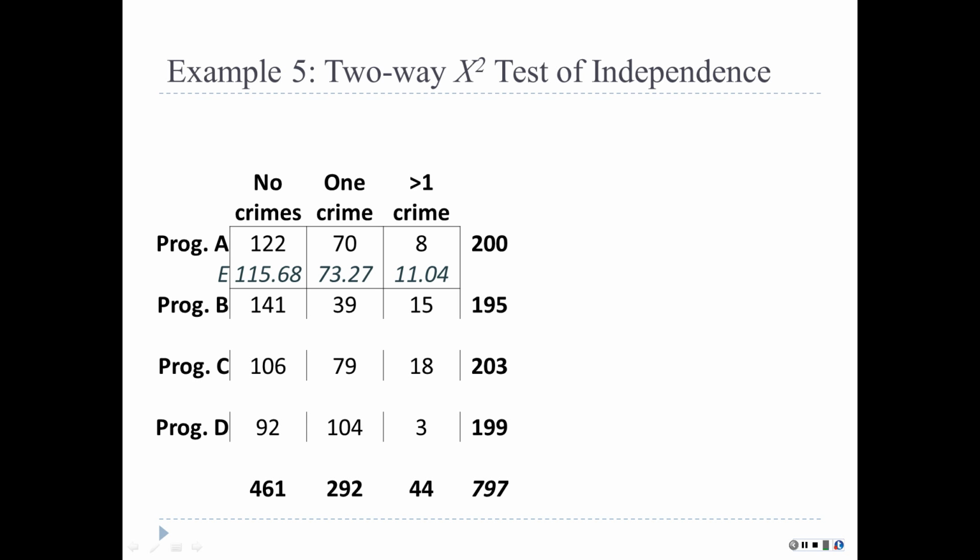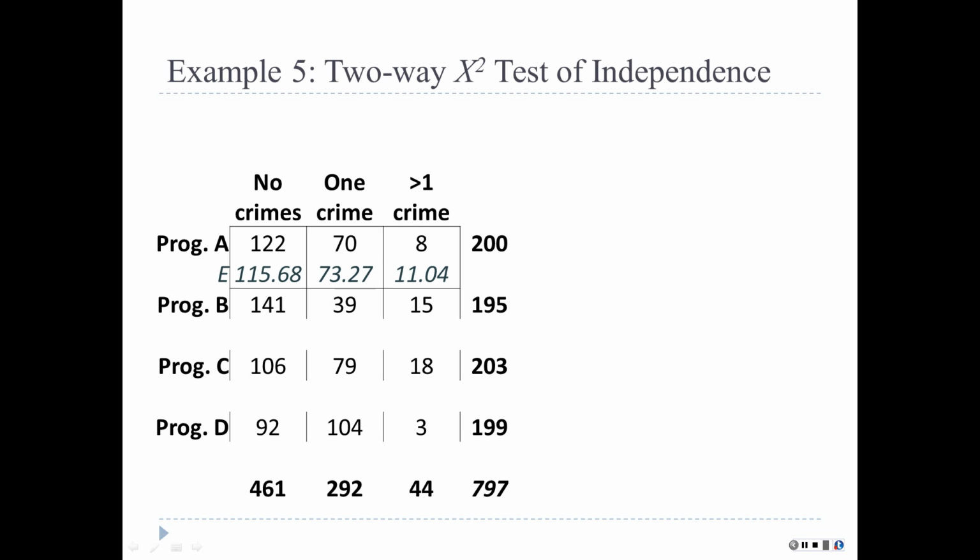Again, this one here, 73.27, is going to be 200 times 292, and then that total divided by 797. And the expected value of 11.04 for the cell with 8 is 200 times 44 divided by 797. So you can see that this is matching up pretty closely in this particular case.